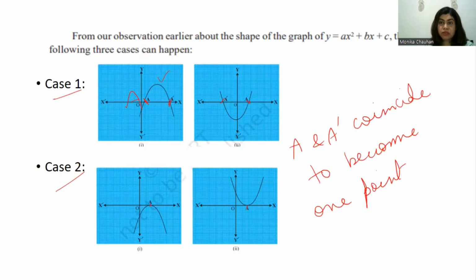So sometimes you get 2 points which are coinciding on each other, so it becomes 1 point. Even then you need to check at how many points it's touching. It is touching at 1 point, so they are coinciding.